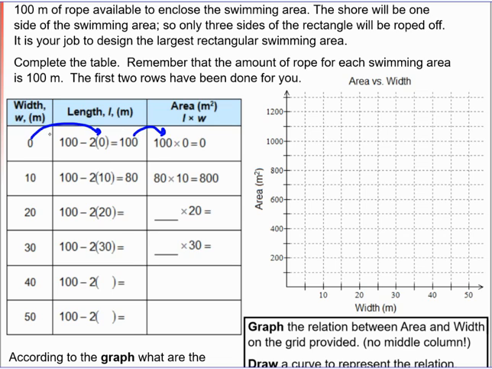They did the first one for us, so we can say 0, 0, and 0. Next, we put, again, the 10 into here, and then the 80 comes there, and the 10 repeats itself. And we got 10, 800.